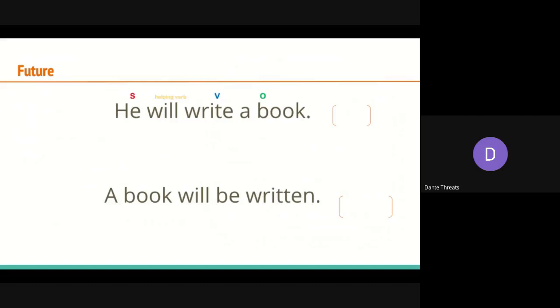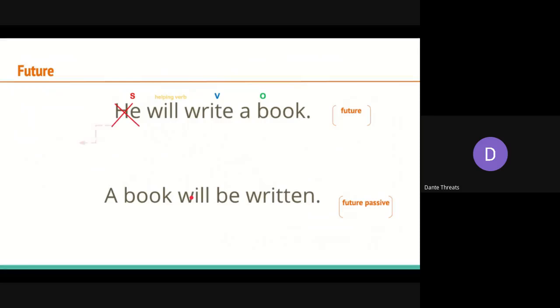All right. The future tense. Again, we have a sentence that has a helping verb. And then here, a book will be written. So same as in the other sentences that have a helping verb, we keep this verb.